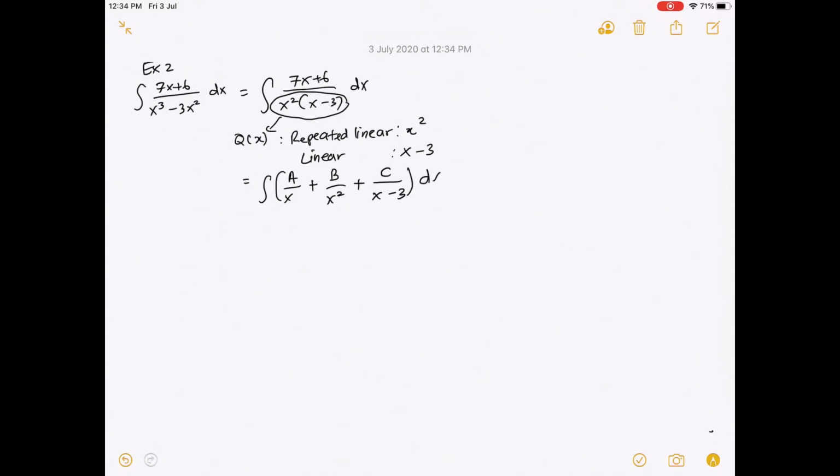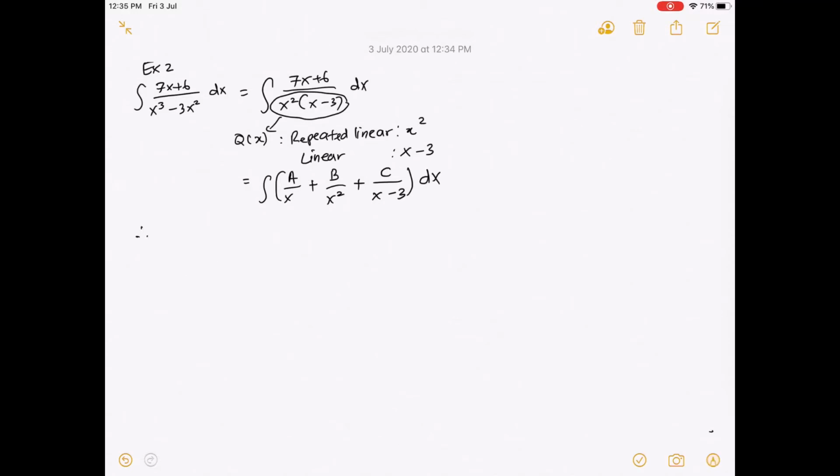Okay, so I want to integrate this one with respect to dx. Now let us find the value of a, b, and c. Again, equate the denominator, then we equate our numerator.